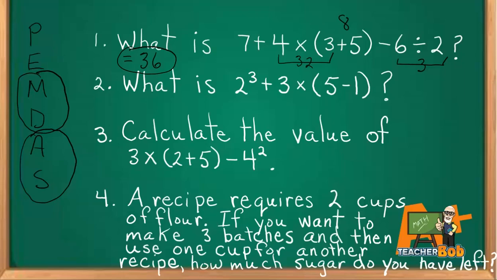What is 2 cubed, or taken to the third power, or exponent 3 plus 3 times the difference of 5 subtract 1? Okay, in order, we need to do parentheses first. So we have 5 subtract 1 is 4 over here.